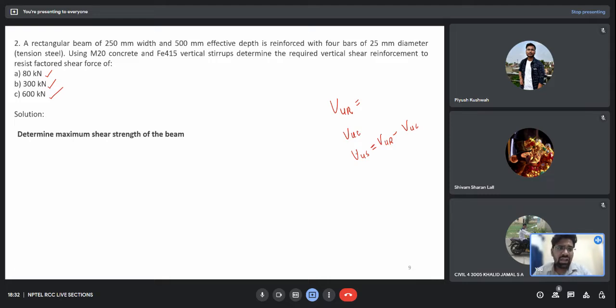Now I will ask you all one question. The first case is 80 kilonewton. Suppose my VUC is greater than 80 kilonewton. So what will happen? Anyone? The shear resisted by concrete is itself greater than the load which is coming on the beam.